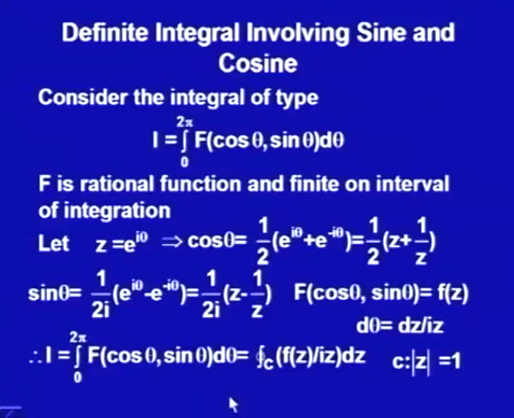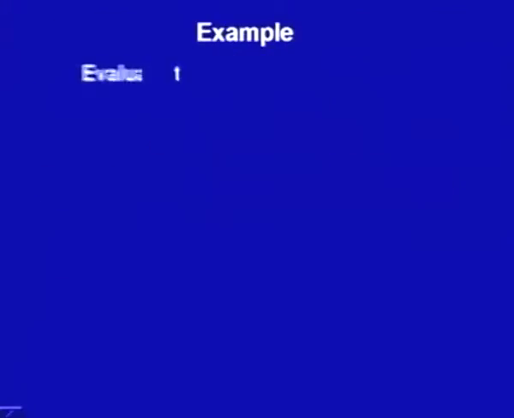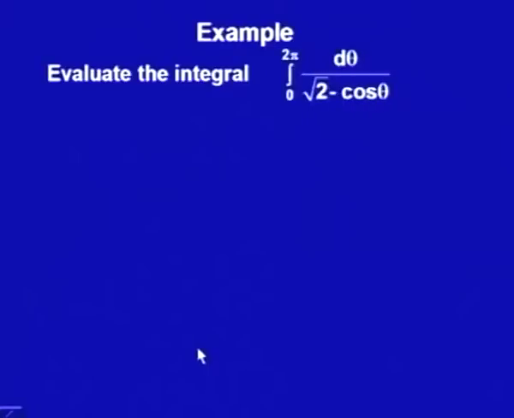Let us see one example to understand this method. Evaluate the integral from 0 to 2 pi of d theta upon square root 2 minus cos theta. If you remember your school mathematics, this integral is not really a very nice integral that we would be happy to see we can do.